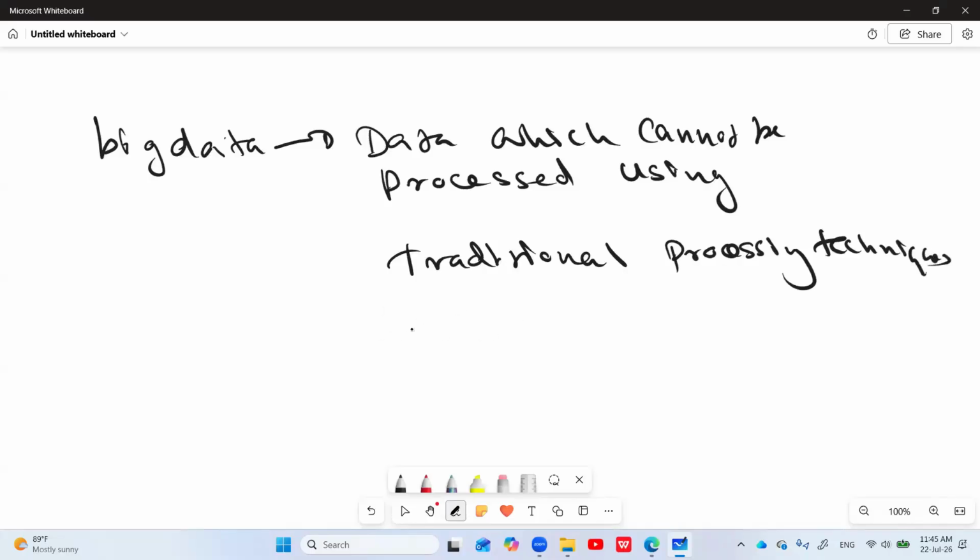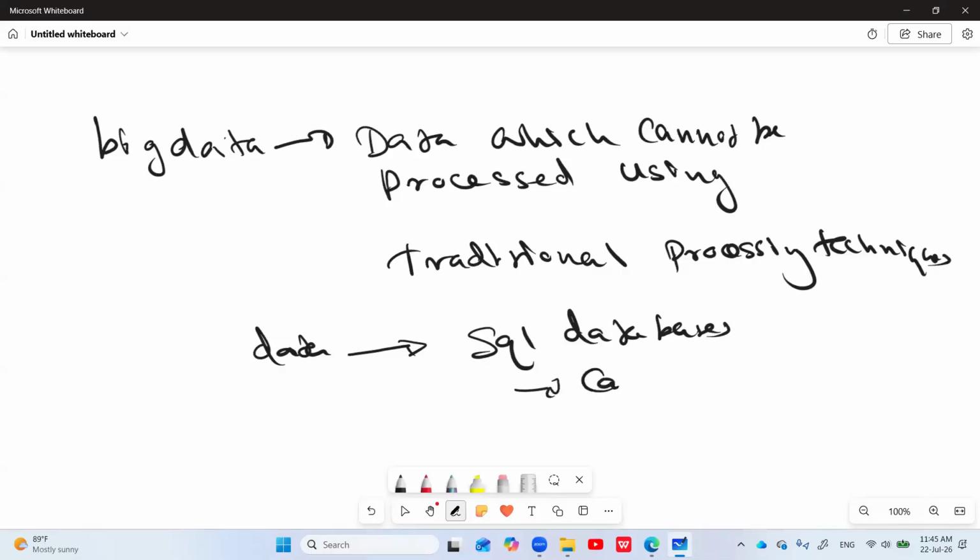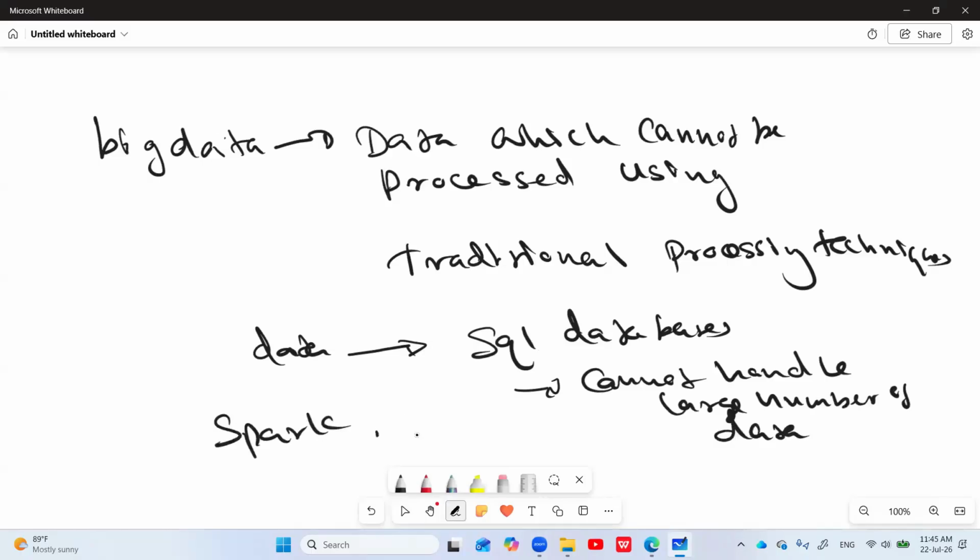Normally we store data in traditional databases like SQL databases. But these SQL databases cannot handle such a large amount of data, so you need different techniques like Spark and Hadoop, and new techniques we will be using for that.